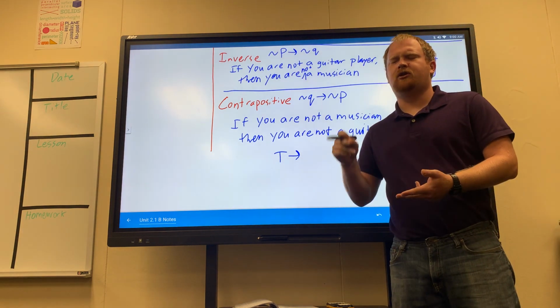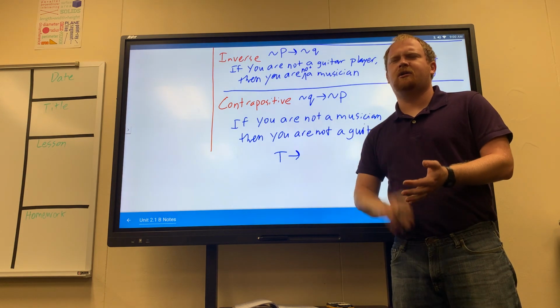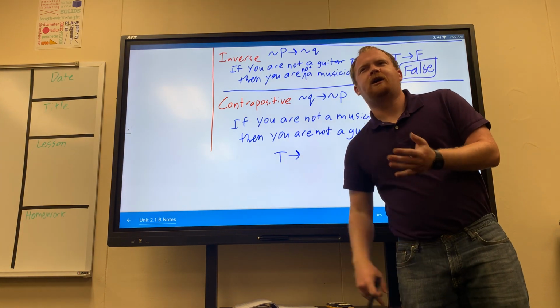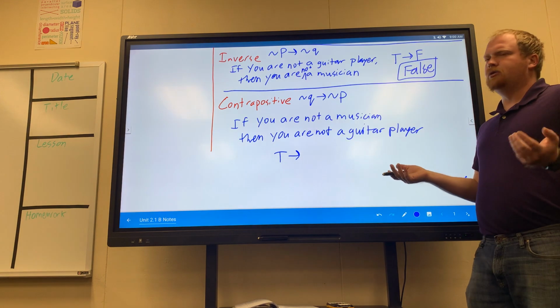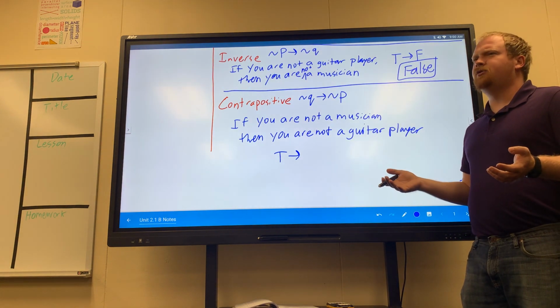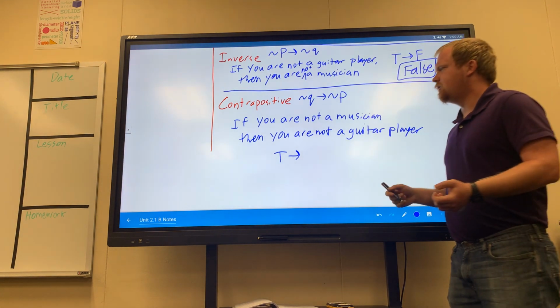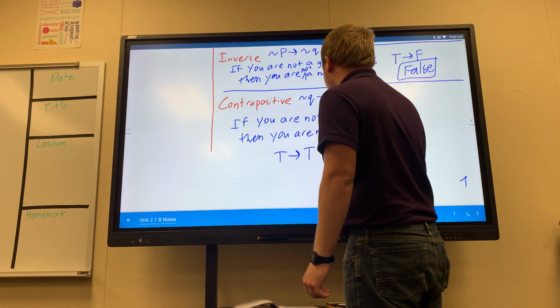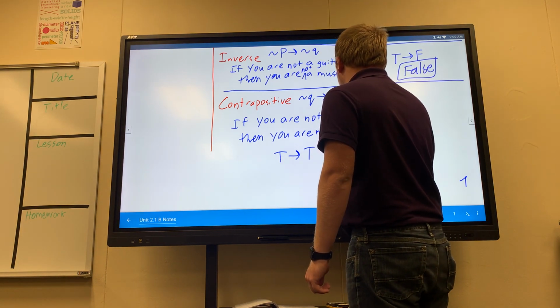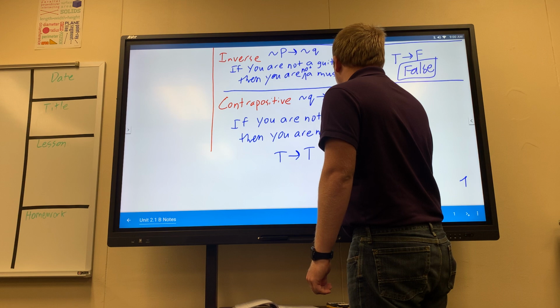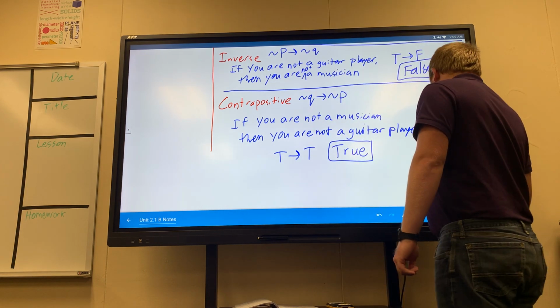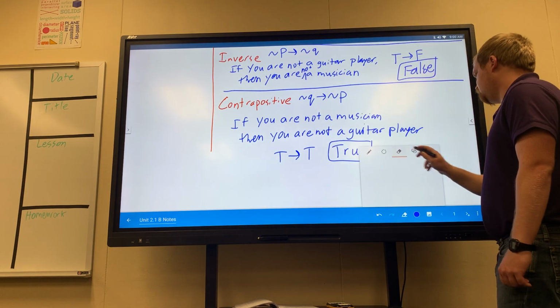You can't play the guitar. You can't play the drums. You can't play the clarinet. You can't play the triangle. You can't sing. So if you're not a musician, you can't play the guitar, which makes it true, which means the statement itself is true.